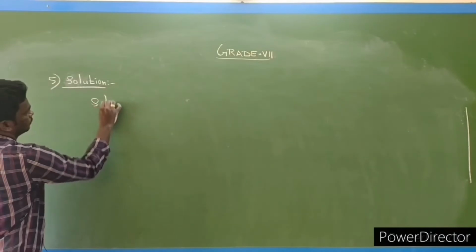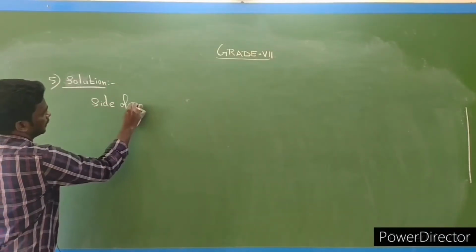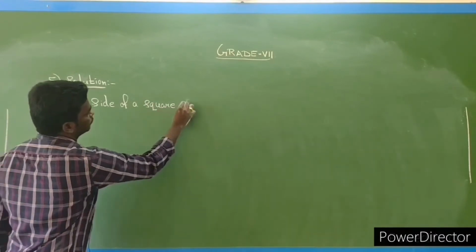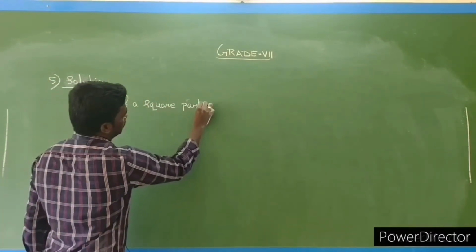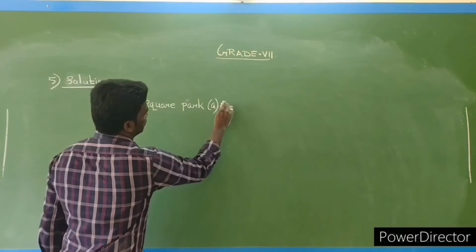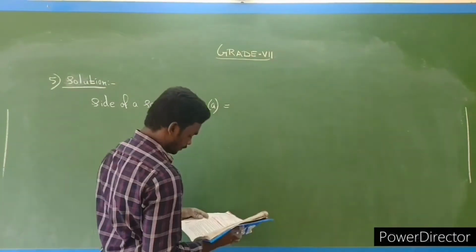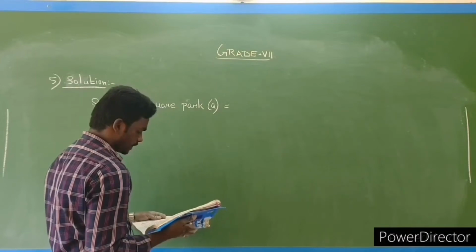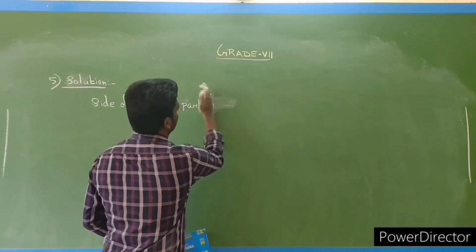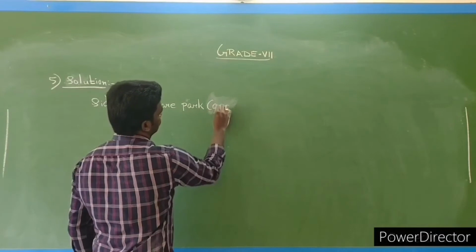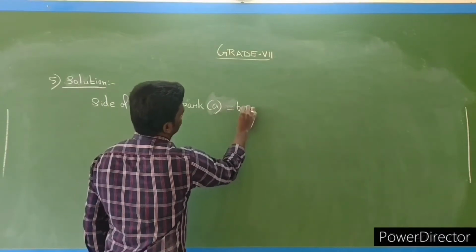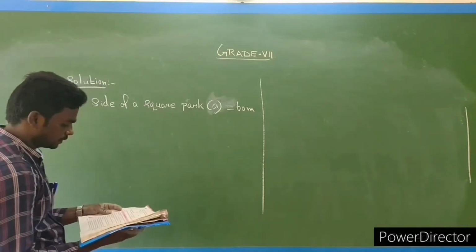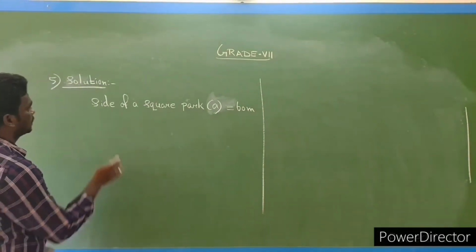So, the side of a square park A is 60 meter, which is given. Next, what is the area of the square park?